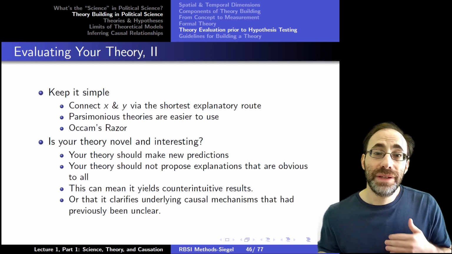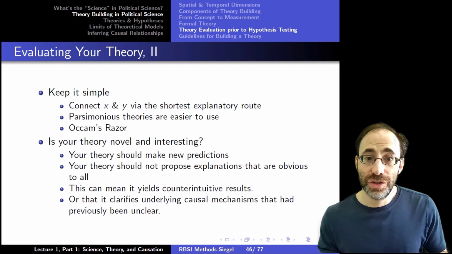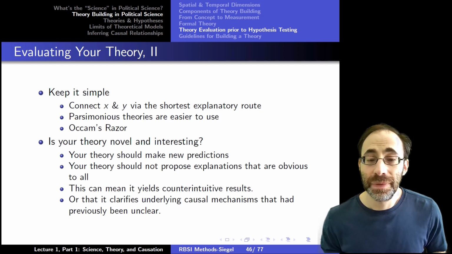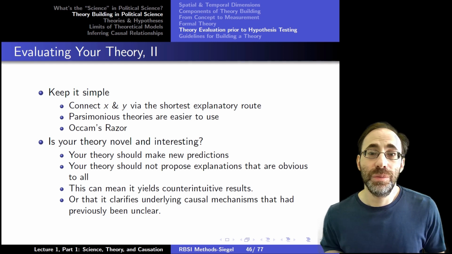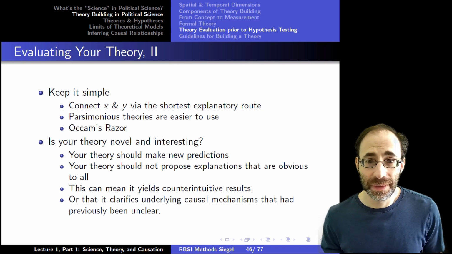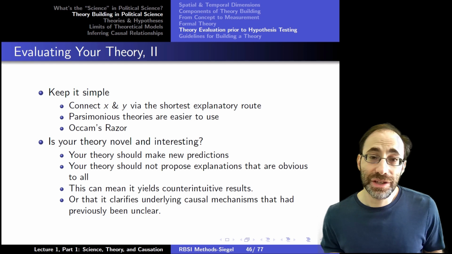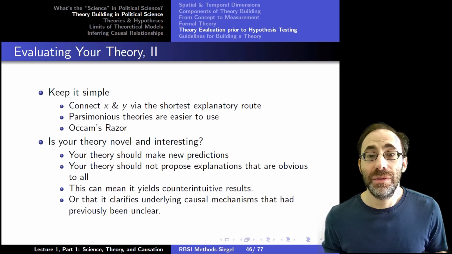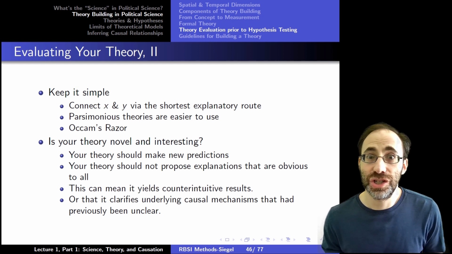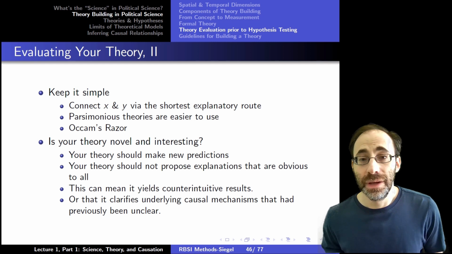Okay. Less important but often used are two other ways of evaluating our theory. The first is simplicity or parsimony, that our theory doesn't have too many extraneous moving parts. So we want in general to connect our x, our independent variable, with our dependent variable y in the shortest way possible, in the clearest, simplest way possible, using the shortest explanatory route.